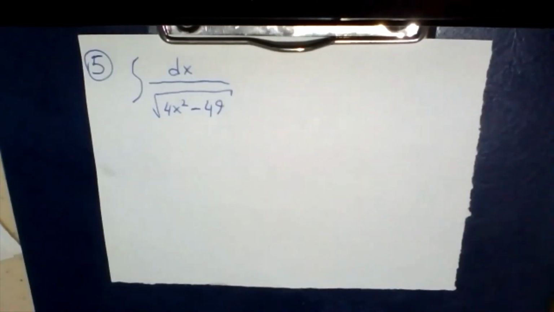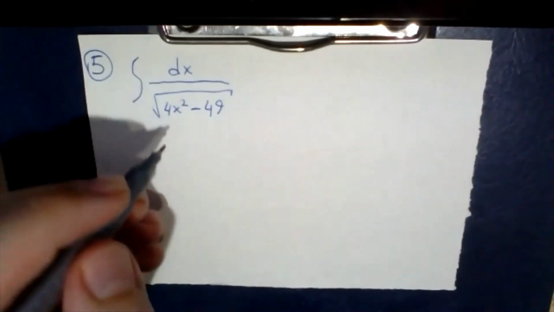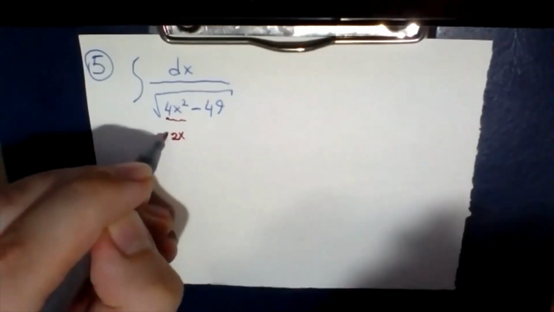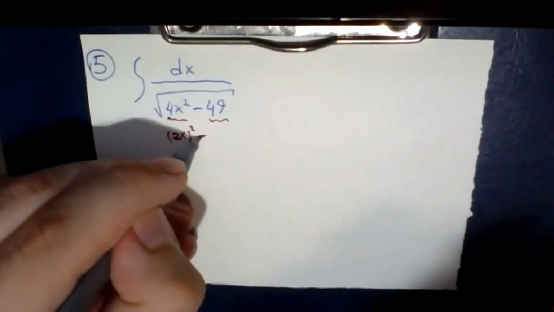A complicated part of our integrand is the denominator. In the denominator, we have 4x squared minus 49. So, what do we have here? 4x squared is the square of 2x, and 49 is the square of 7.